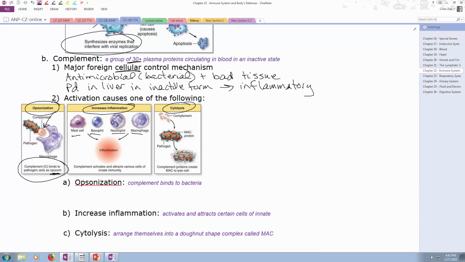So with cytolysis, complement will actually form a MAC complex, and I'll discuss that in just a moment. When the MAC attaches to the cell, it bores a hole in the cell, a big hole in the cell, and water rushes in and bursts the cell. And that's a MAC lysis process.